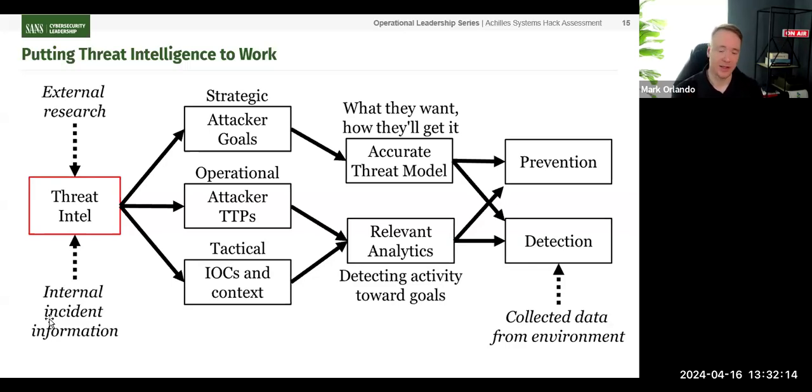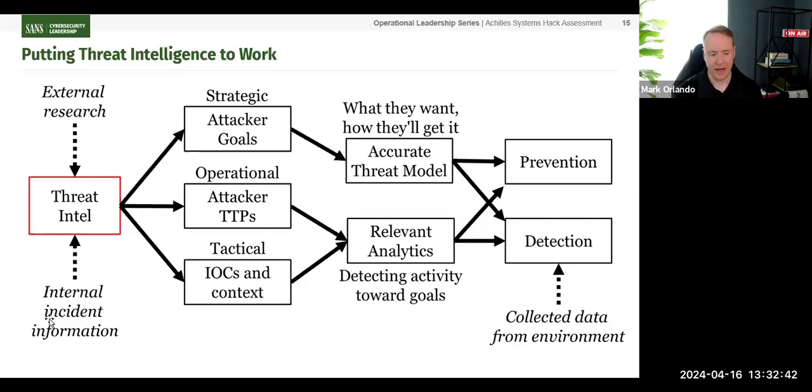What the attacker wants, how they're likely to try to get it, as well as our analytics and our preventative controls. So here's what an attack looks like. Here's how to look for it in your organization. So this flow chart on this slide is meant to demonstrate how you would take these three different types of intelligence and apply them to not only preventative controls, but your analytics, your detections as well.